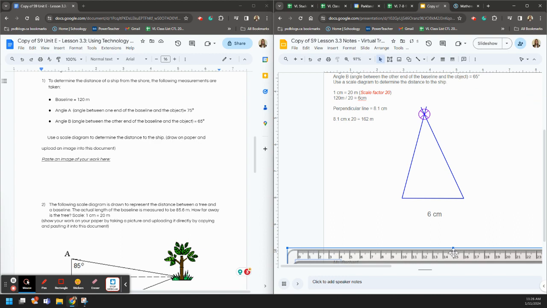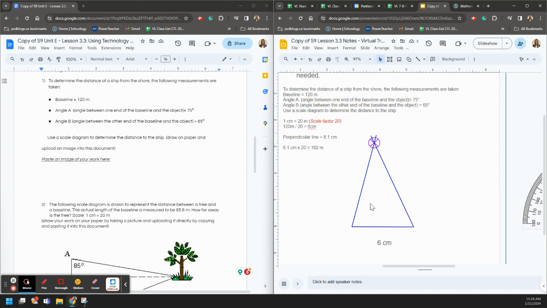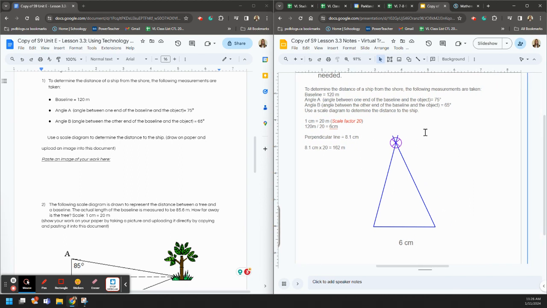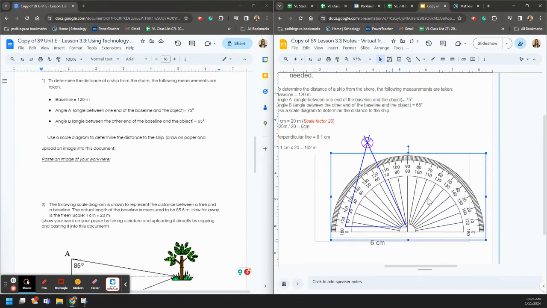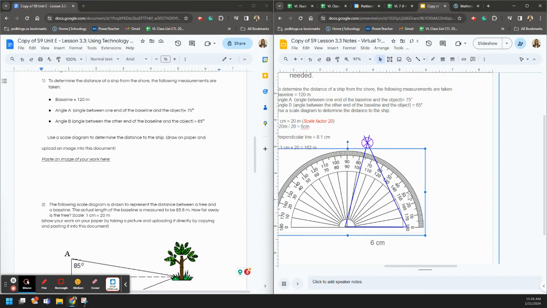Now the other information that they give us, and I'm just going to move the ruler over to the side because we don't need it for this next step quite yet, is we have two angles. We have angle A and angle B. For angle A, we are going to use the protractor to measure out the 75-degree angle.